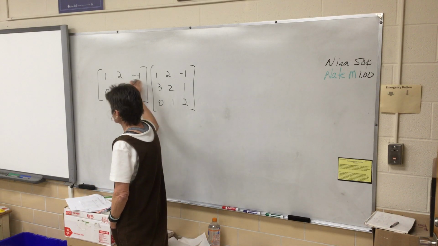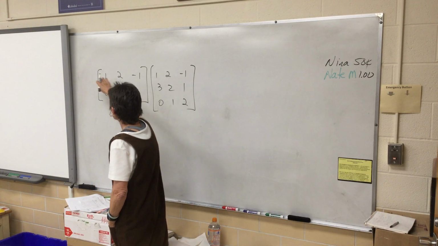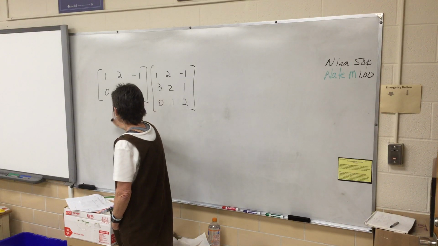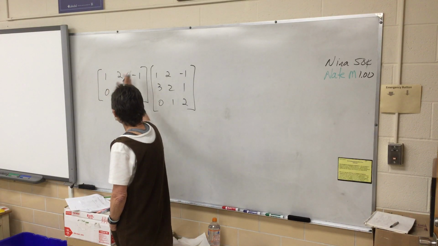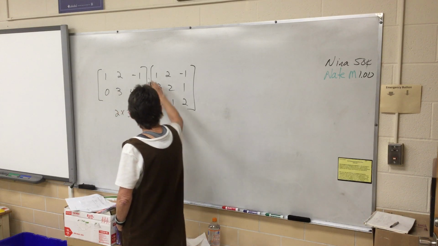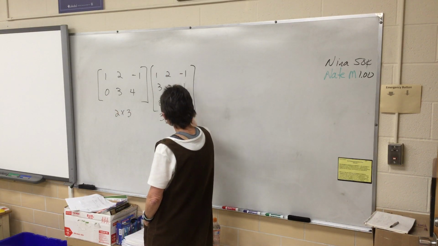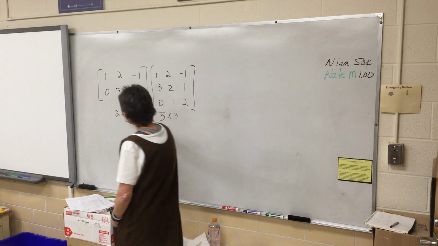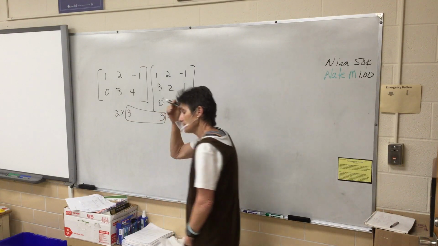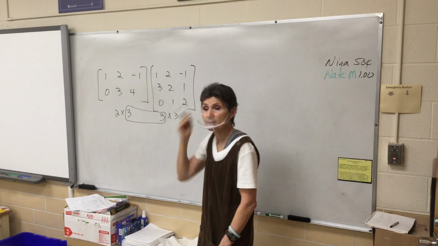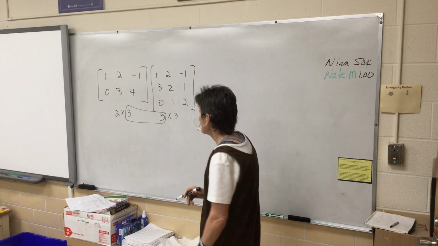How many rows does this have? 2. How many rows does this have? 2 rows, 3 columns. This one has how many rows? 3. How many columns? 3. So these two are multipliable, because in order to multiply, the middle dimensions have to match.